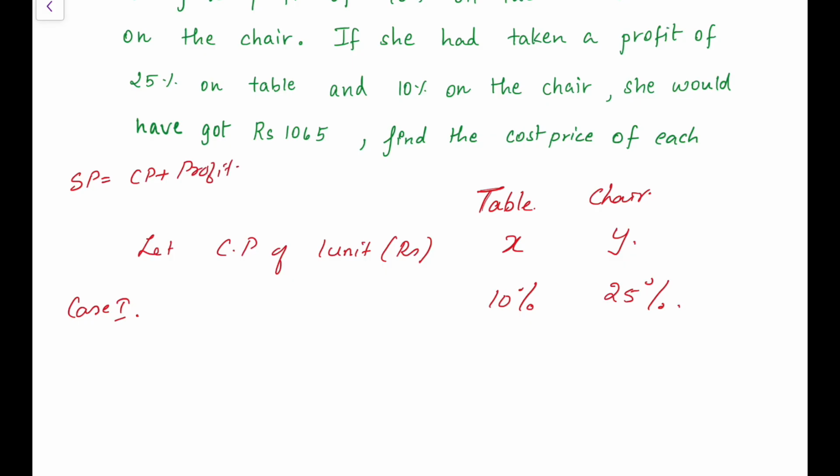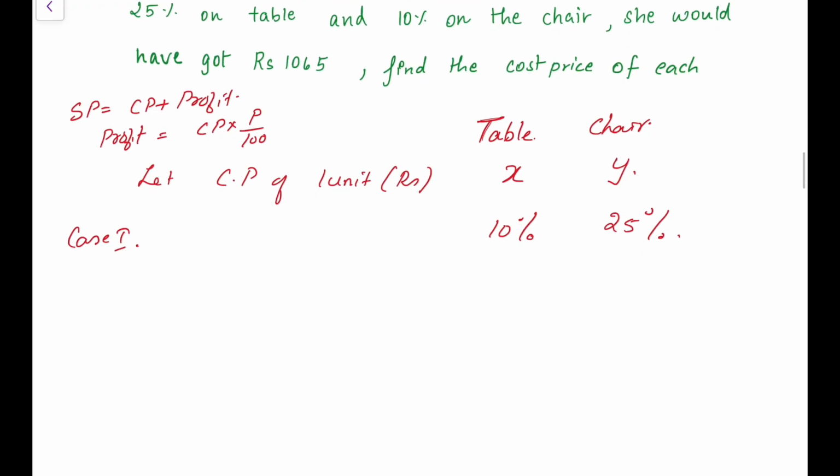What is profit? If you don't know all this, you can note it down. Profit is equal to cost price into profit percentage by 100. Here it is given 10%, so x into 10 by 100 will be the profit.